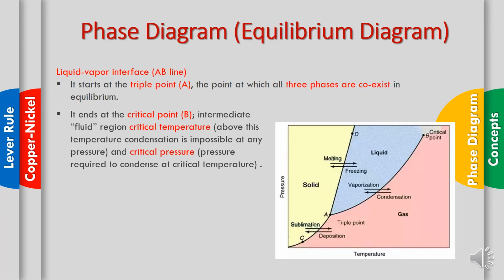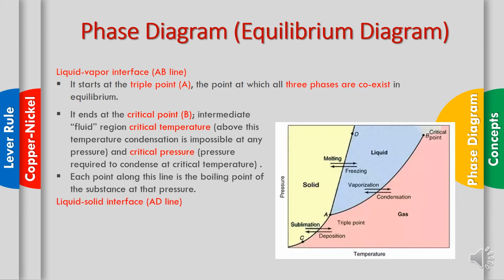And at B we have the critical point, whereby it is the highest value of pressure and temperature at the border of the liquid and gas. And then for the line AD, which is the solid-liquid interface, the melting point at each pressure can be found along this line.